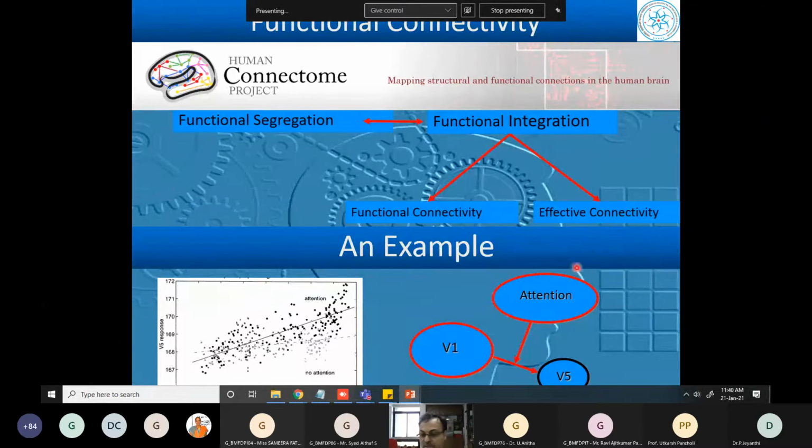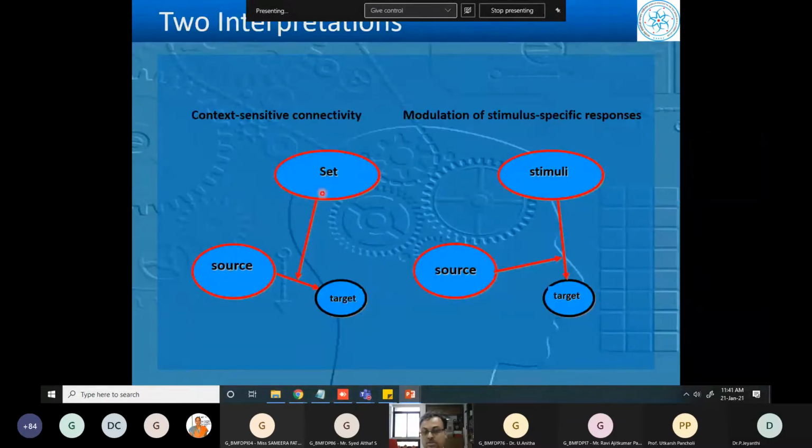So for example, in the visual cortex, there are different regions, let's say V1 and V5, and you want to see how attention is modulating the connection between them. So you have two different types of models.